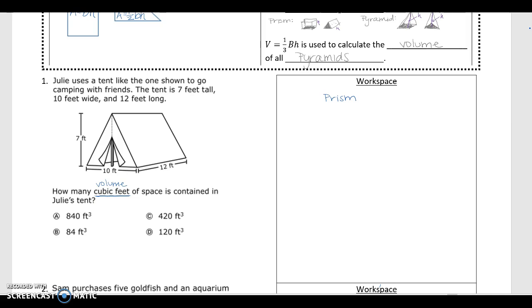No, because the only prism with a rectangular base looks like a box. So this one actually, the front and the back of the tent are going to be the bases. So I'm going to shade in my base so that I can make sure I have all the right dimensions, okay? So it's a triangular prism.